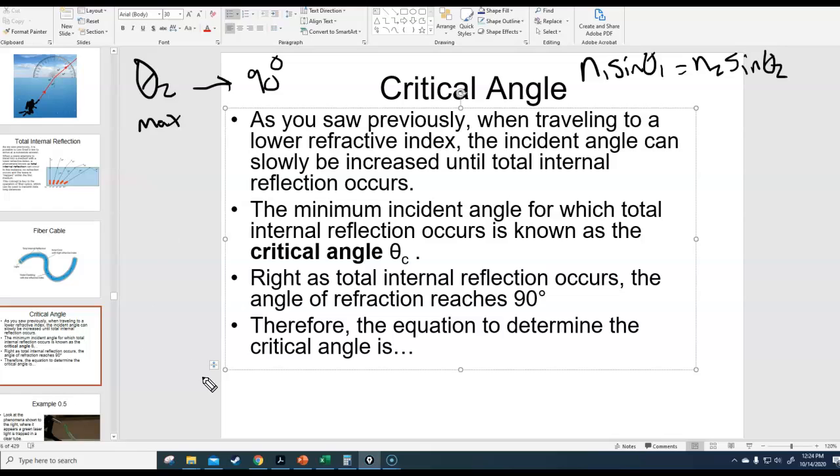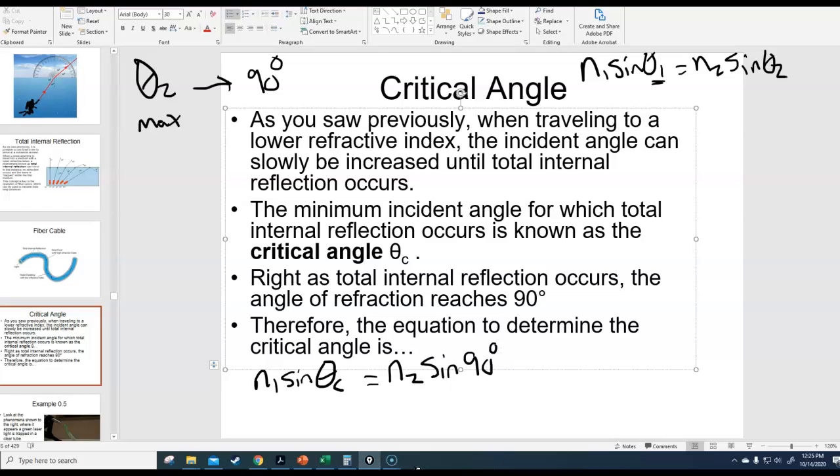Now again, the critical angle is the minimum angle of incidence at which total internal reflection occurs. Any angle greater than that, you also get total internal reflection. So we can derive an expression for that. We have n1 sine theta c. When the angle of incidence, theta 1, is equal to the critical angle, then by definition theta 2 becomes 90 degrees.